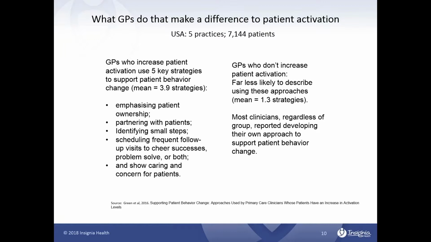And those GPs who had lower activated patients were using far less of these skills. These are some of the skills we are going to touch on during the course of these 3 to 4 webinars. So when you know what a person's PAM level is, what do you do? That's what we want to focus on. But at the moment, we're just giving you a breadth of the science behind the tool and behind the concept of activation. Next slide, please.